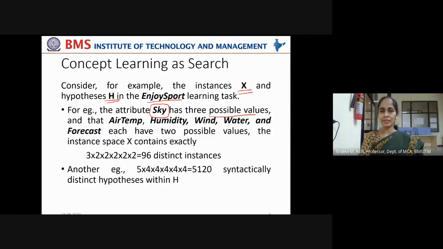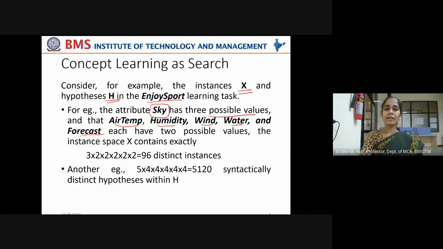Take three possible values. And for air temperature, humidity, wind, water, and forecast, the other columns, each of them let them have two possible values. Means air temperature high, low, humidity high, low, wind speed slow, like that, it may have two possible values.